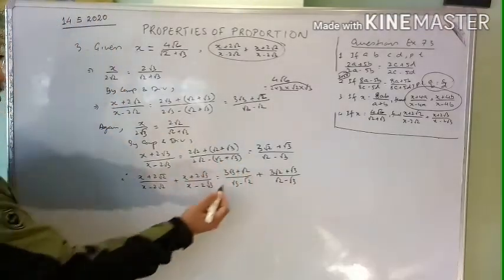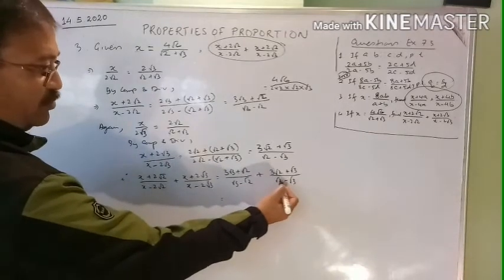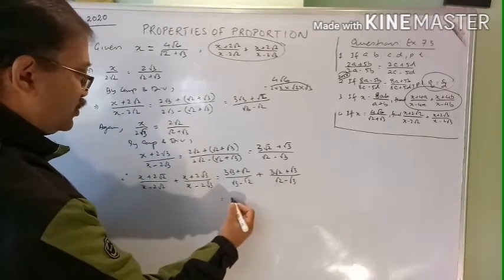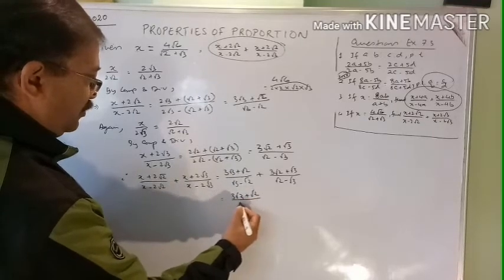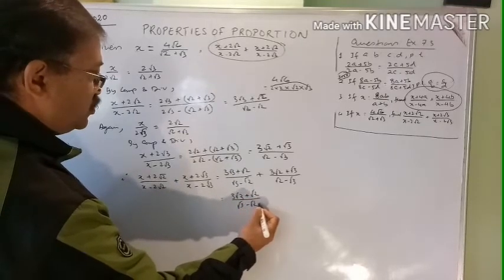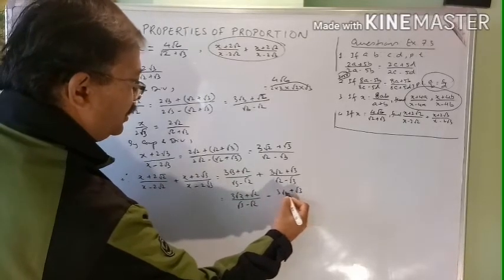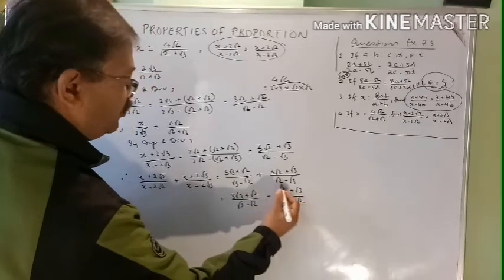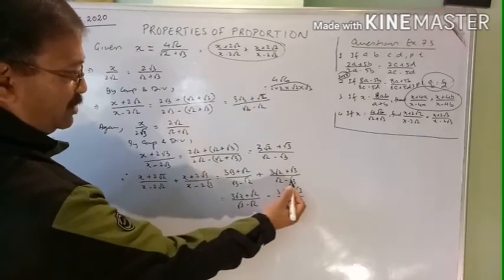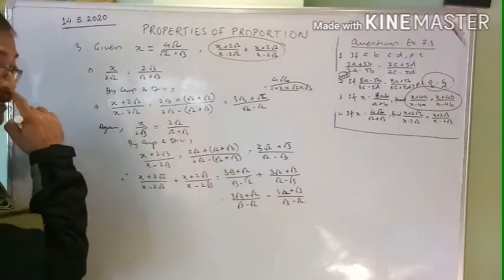As before, you see here root 3 minus root 2, here root 2 minus root 3. So we take minus common from here and change this sign. So 3 root 3 plus root 2 upon root 3 minus root 2, minus 3 root 2 plus root 3 upon root 3 minus root 2, because we have taken minus common. So this minus becomes plus and plus becomes minus.